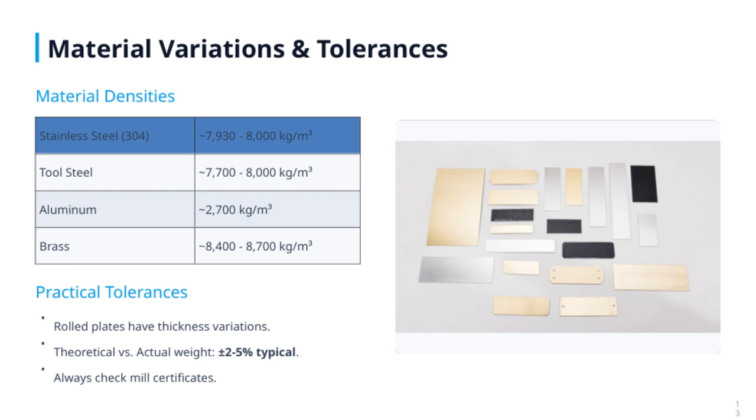Understanding these material variations and tolerances is crucial because they directly impact the weight, strength, and overall performance of your components. Always keep these factors in mind to ensure your designs are accurate and reliable.